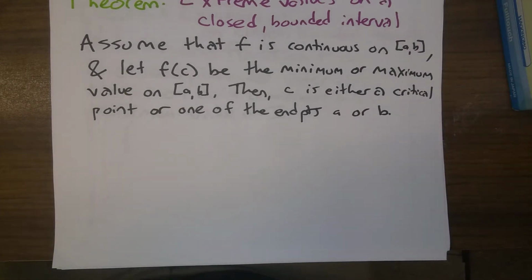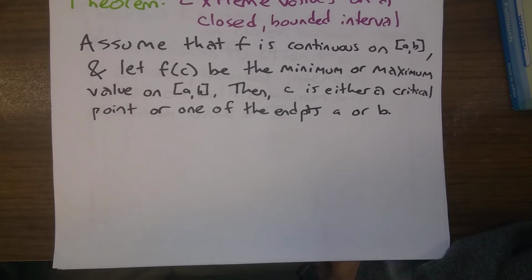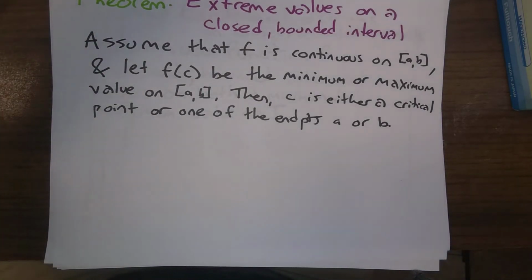I think I accidentally pulled it out too early in the first video. Theorem, extreme values on a closed bounded interval: if we have a continuous function on a closed bounded interval, and if we have a minimum or maximum value, the minimum and maximum values have to occur either at critical points or at the endpoints.